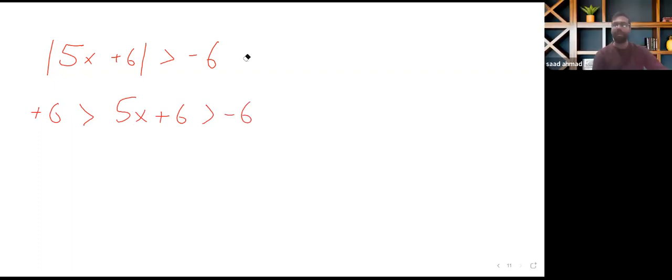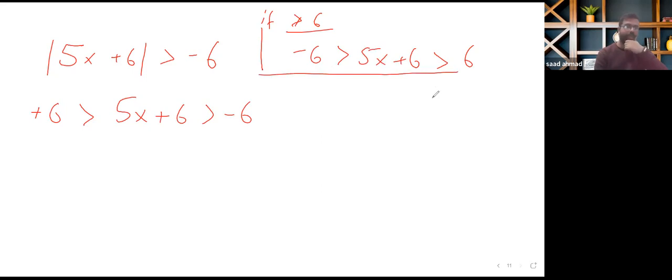But let's say if it were positive 6, then we would have written it as negative 6 and then the arrow there. If it's greater than 6, then this is correct. But now just try to understand what this inequality is saying. What does this thing represent?